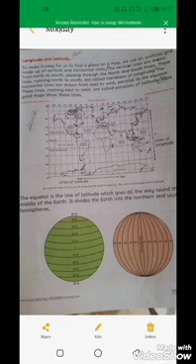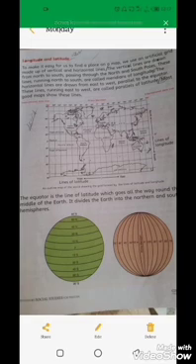Longitude and latitude are lines which are drawn on a map, but these lines are not in actual. So these lines are not real. These are only found on a map.